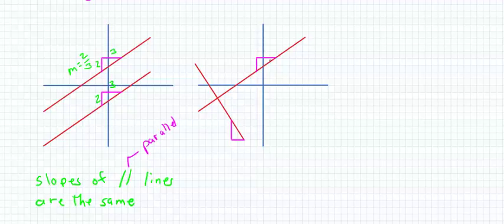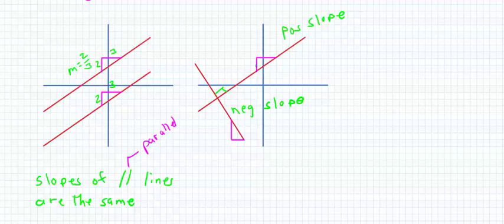Now we look at our other picture here. We see that this has a positive slope and this has a negative slope. Clearly, these lines appear to be perpendicular. This little symbol means 90 degrees.